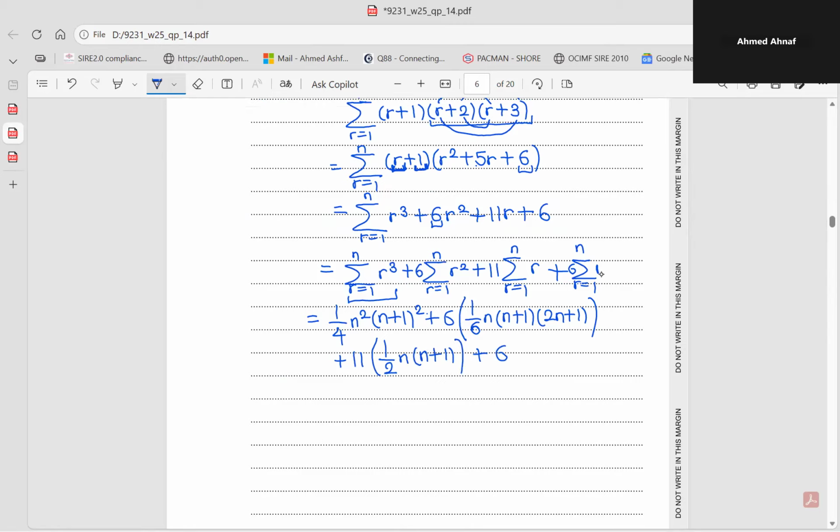And as I said previously, the summation of 1 from r equals 1 all the way to n is just the upper bound, which is n, so it's 6n.